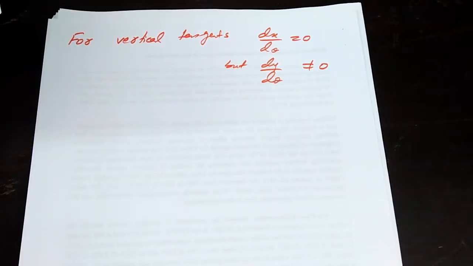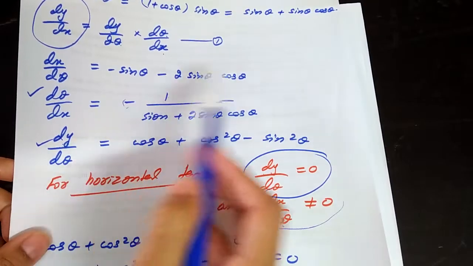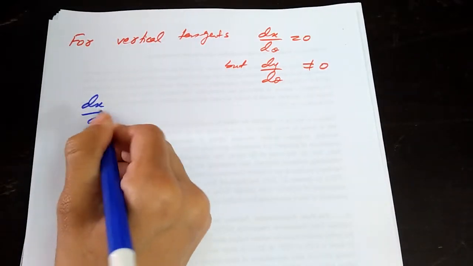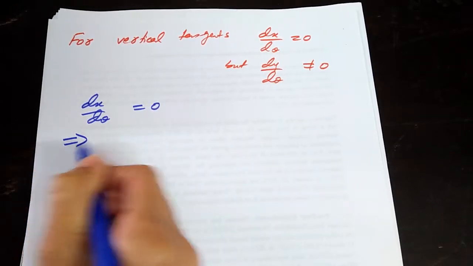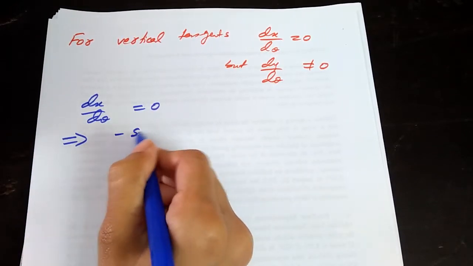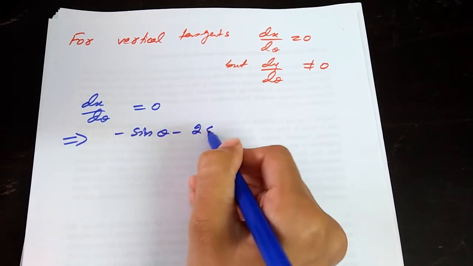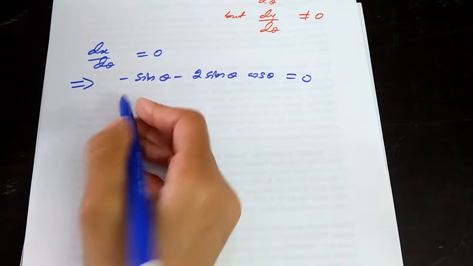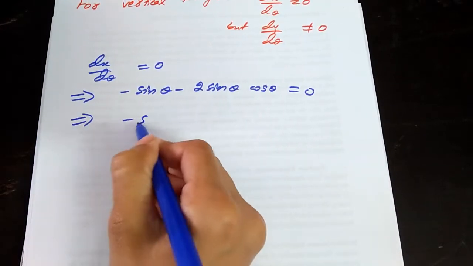Now what do you have to do? You have to take the value of dx by d theta and make it equal to 0. It will be minus sine of theta minus 2 sine of theta cos of theta equals 0. Now take the negative sine of theta common.